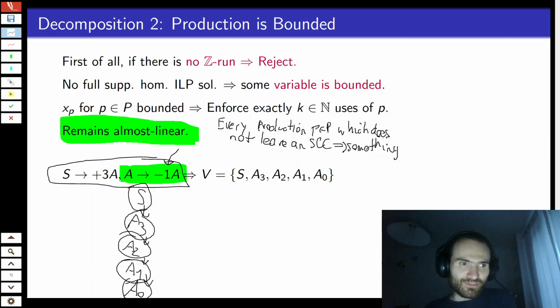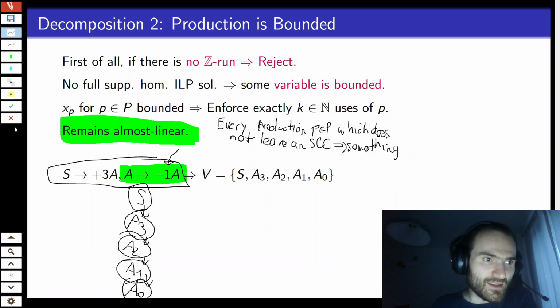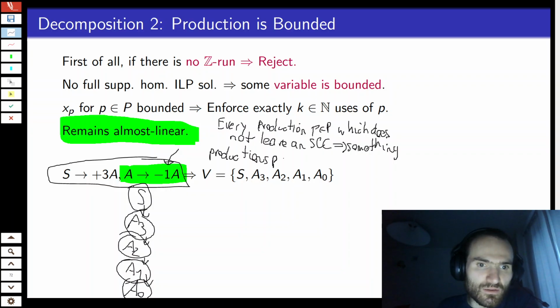Now, if I want to check that this condition still holds, I have to take a production in the new grammar which does not leave an SEC. Take a production P prime in the new grammar, with P prime not leaving an SEC afterwards.